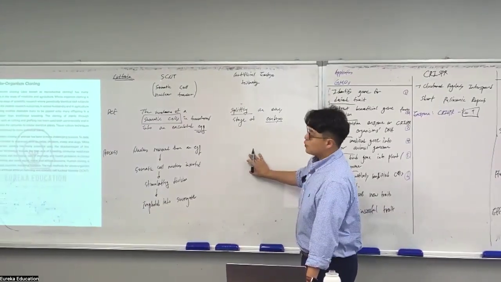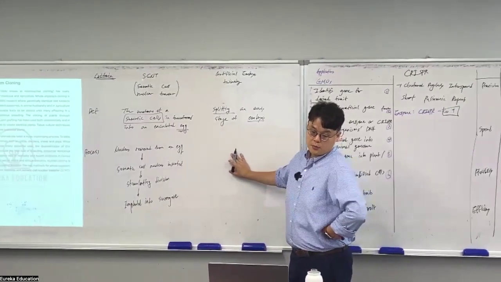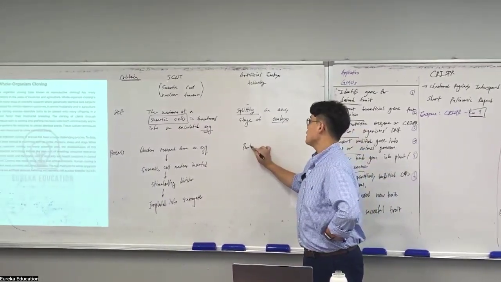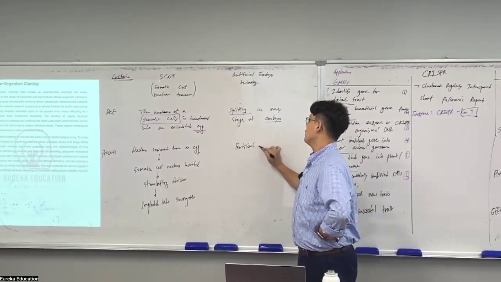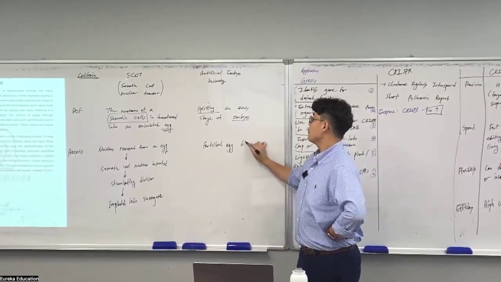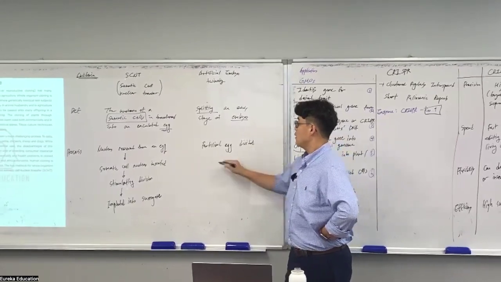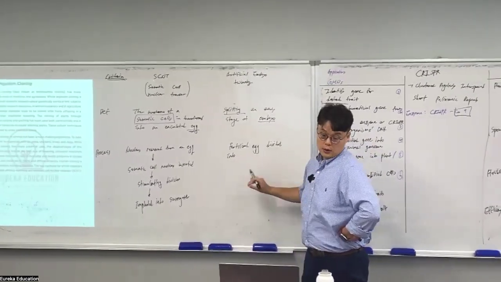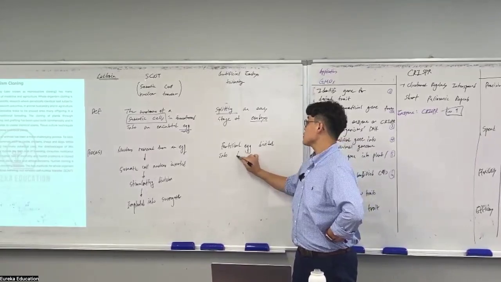Unlike the artificial embryo twinning, this is using that process of, first of all, the fertilized egg. It divided into the two identical embryos.